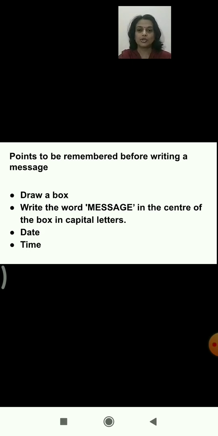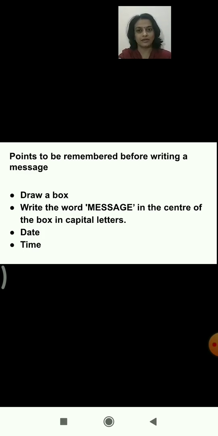Now, points to be remembered before writing a message. You very much remember, right? We have written a message. So just go through the points. Draw a box first. I hope you know how big the box should be.